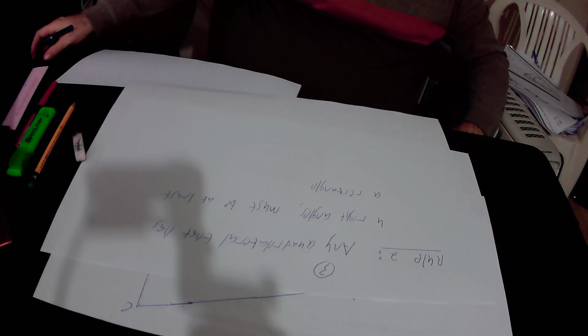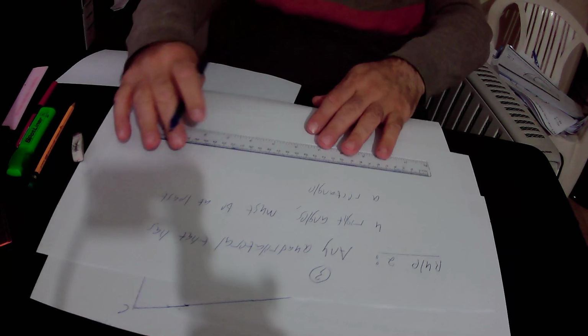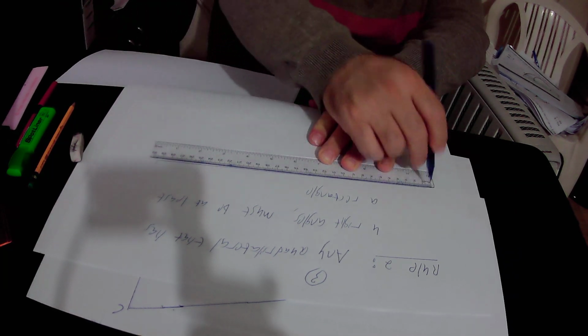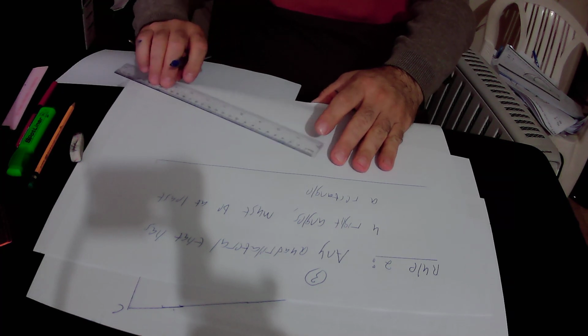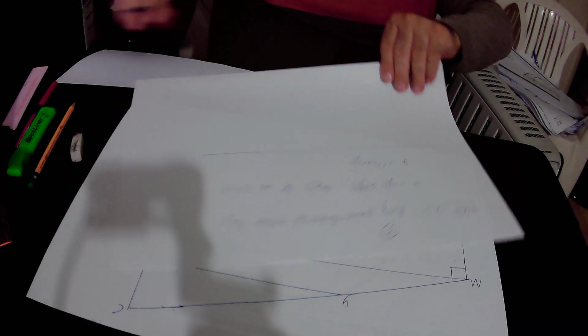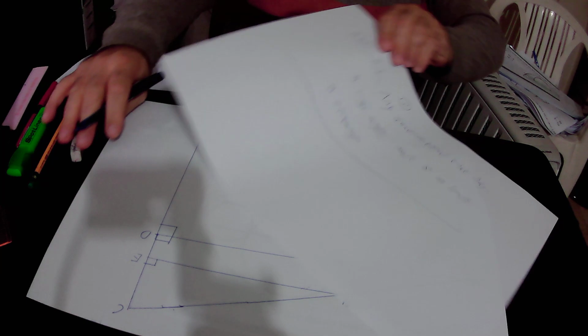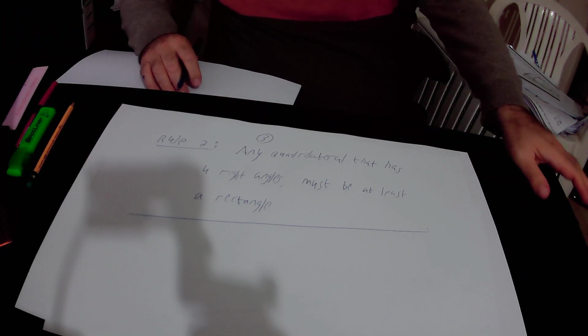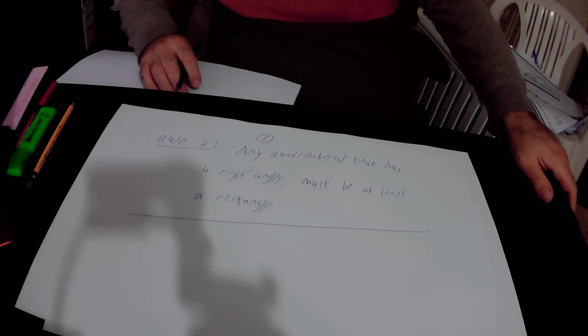So I will read rule number 2 again. According to rule number 2, any quadrilateral that has 4 right angles must be at least a rectangle.